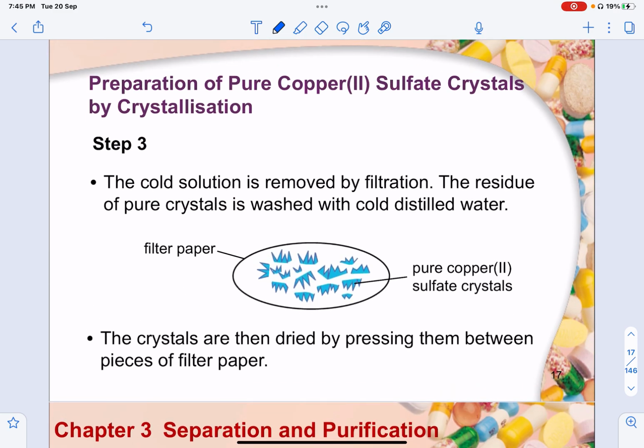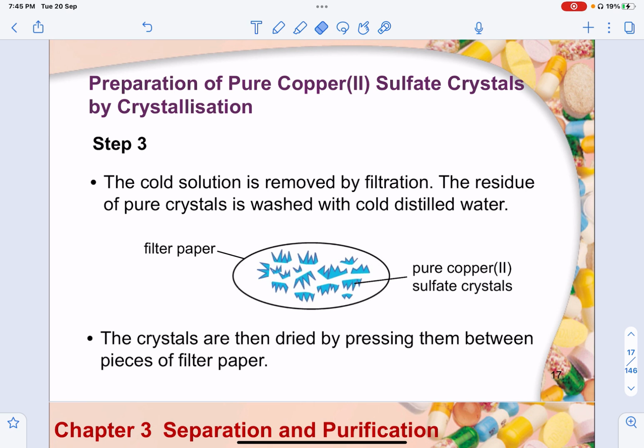After you obtain all this, you want to remove the remaining crystals through filtration, where the residue is washed with cold distilled water. Over here, you wouldn't want to use a lot of water, because that will cause the copper 2 sulfate to dissolve again, as some of it is soluble in water. So this is something that we tend not to do that much.